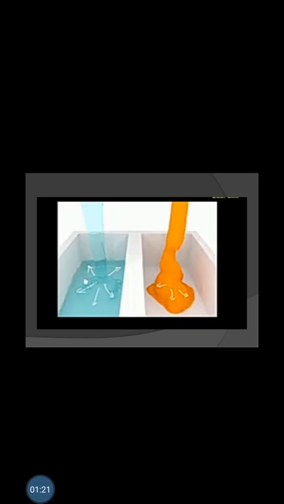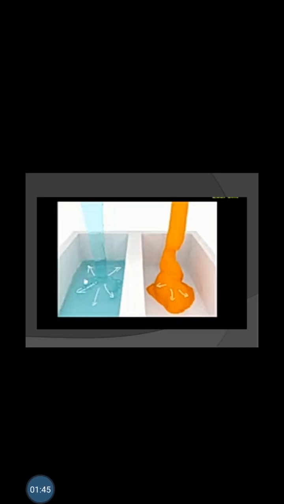Water flows more readily than honey. The density of water is less as compared to honey, so the velocity of the water molecules is greater than that of honey.